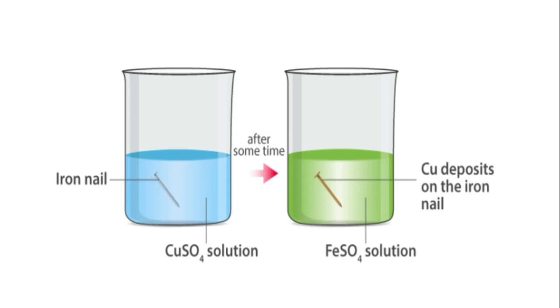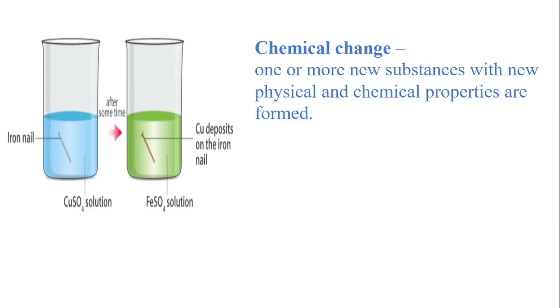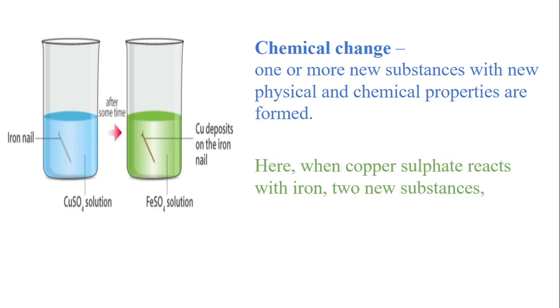What are the chemical and physical changes in this activity? First of all, the chemical change: one or more new substances with new physical and chemical properties are formed. If we are getting one or more new substances, then we can say that we have a chemical change. In this activity, when copper sulfate reacts with iron, two new substances, ferrous sulfate and copper, are formed.